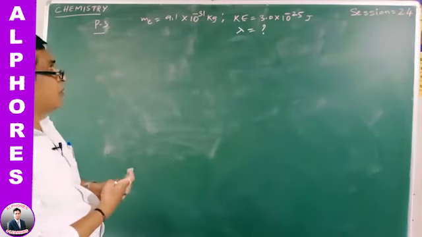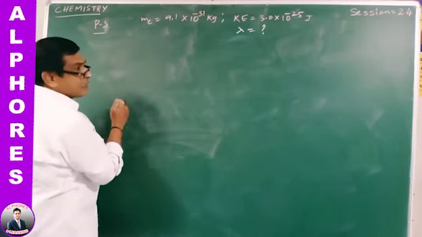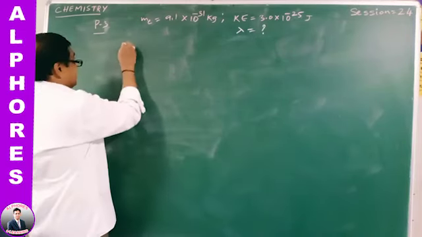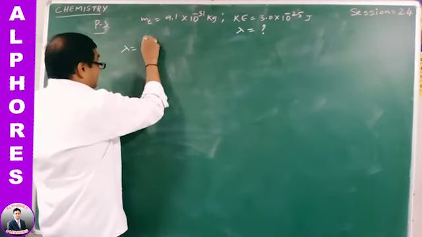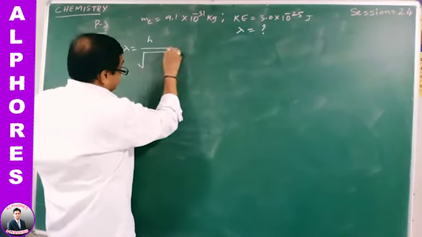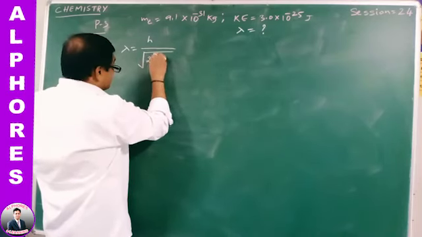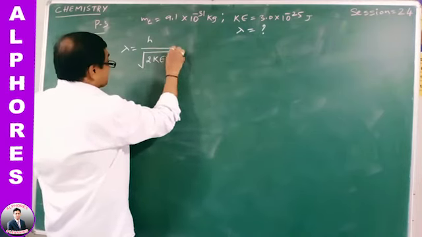Now the de Broglie's equation, the relation between kinetic energy and de Broglie's wavelength: lambda is equal to h by under root 2 KE into m, where m is the mass of the particle.